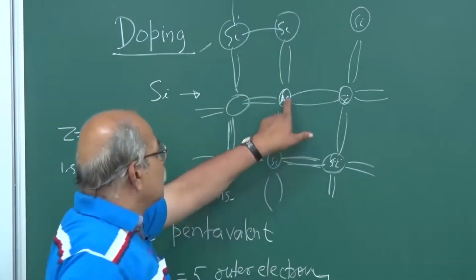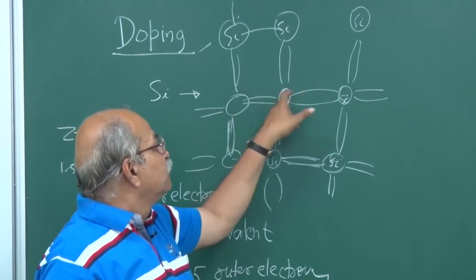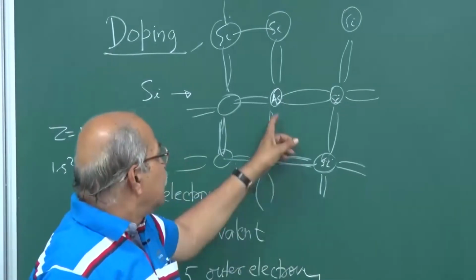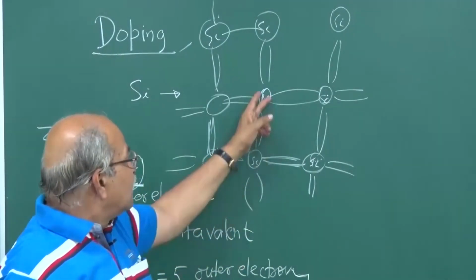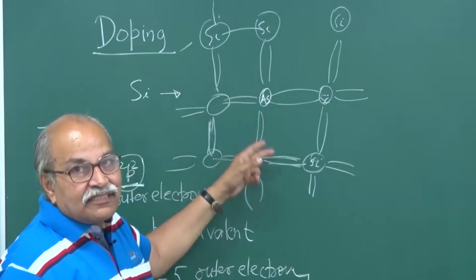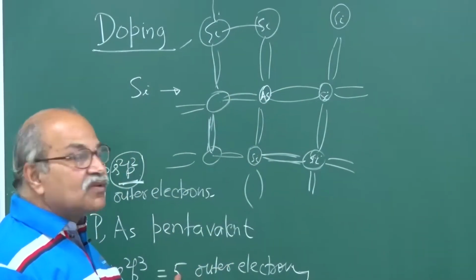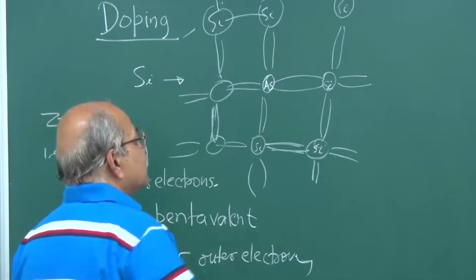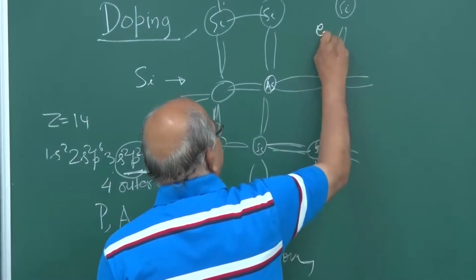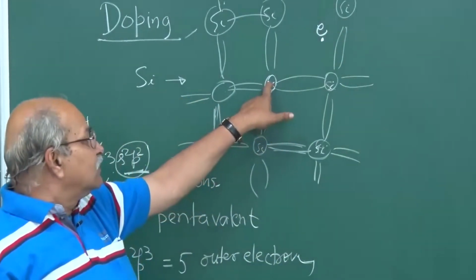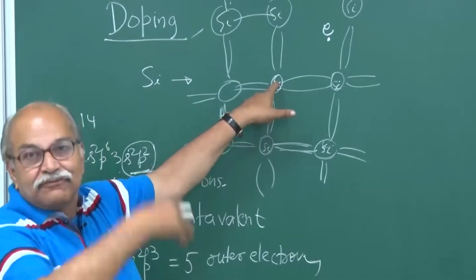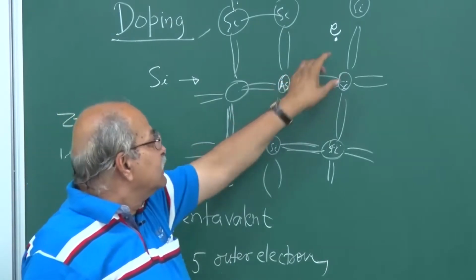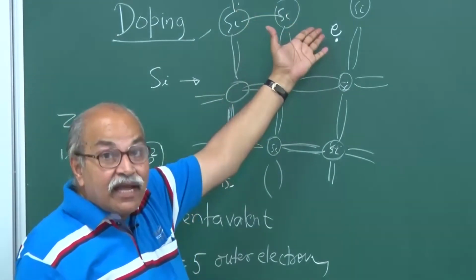This arsenic is also bonded to the 4 neighbors in that tetrahedral structure, and 4 of its outer electrons are consumed in that. But the 5th one, the extra electron, cannot go in this bonding. It's still bonded to this atom, still going around, but it's at a much higher energy.